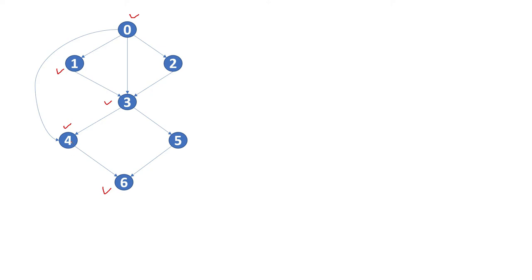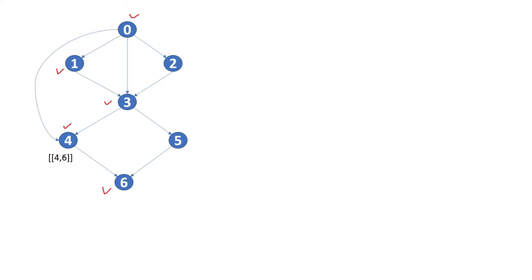So from here, what we can see is for 4, there is no other node going towards 6. So we have to update the number of paths and what the paths from 4 to 6 are. This is a list of lists where we can see that from 4 to 6 only one path is present, that is 4 comma 6.